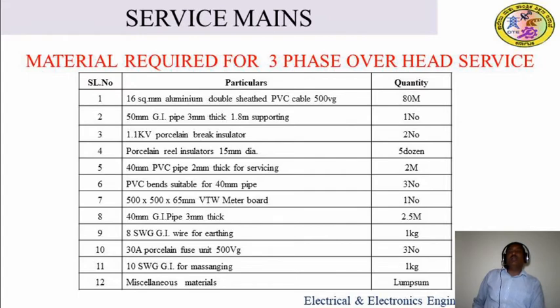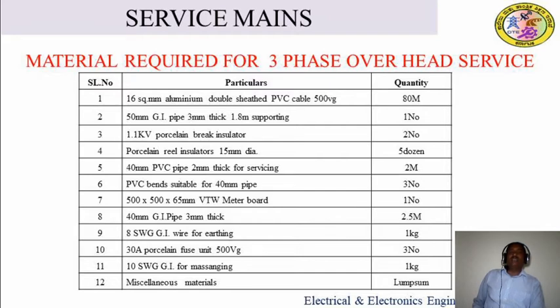In this way, all the materials I have calculated from the material calculation, I have entered one by one with specification in the particular column, and in front of that, in the quantity column, I mention the quantity.